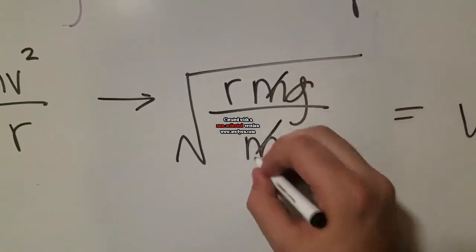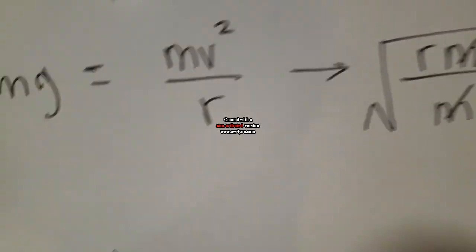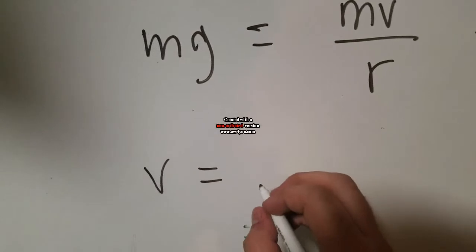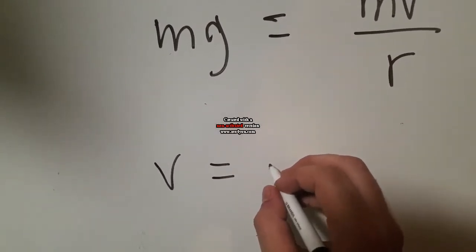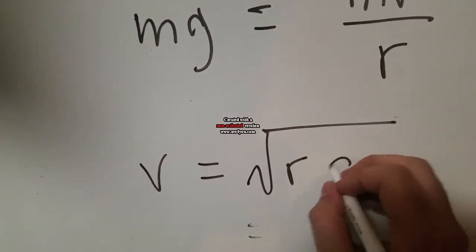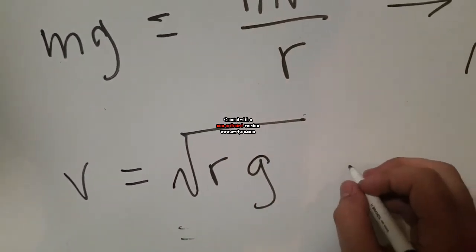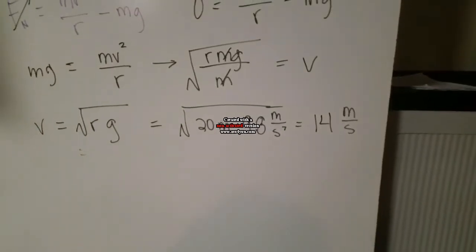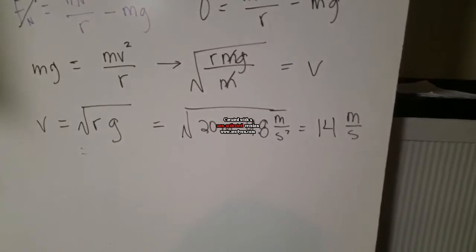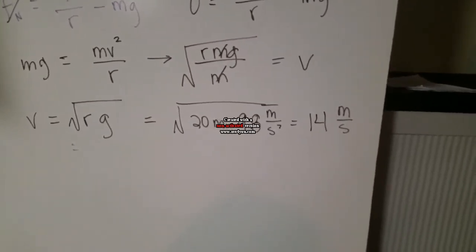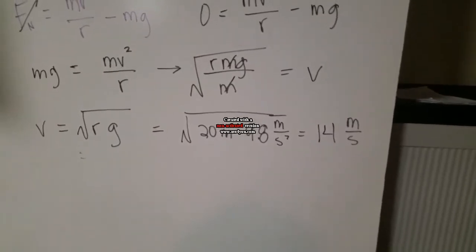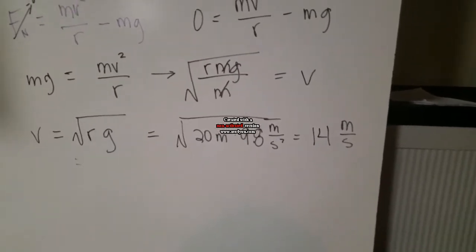Notice these m's just cancel out, and you end up with the equation: velocity for him to barely make it through the loop is going to be equal to the square root of the product of the radius and the gravitational acceleration. After we plug in those values into the calculator, we get a velocity solution of 14 meters per second. That's the minimum speed that he has to be traveling before he successfully does the loop.